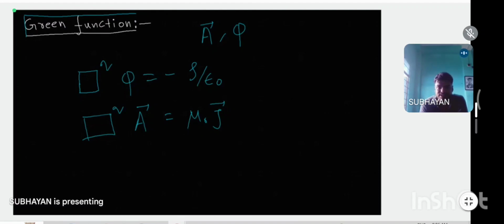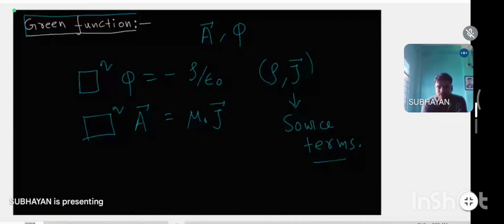And this inhomogeneity in the differential equations arises due to the extra source terms, this rho and J. These are the source terms.